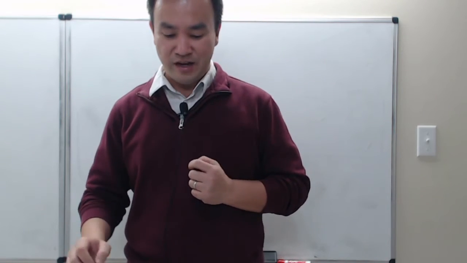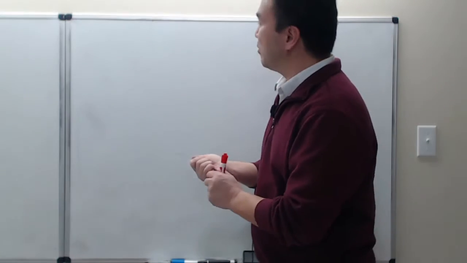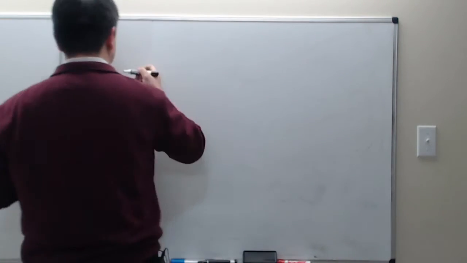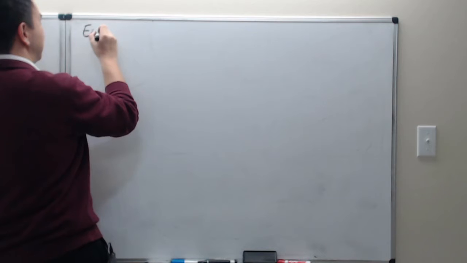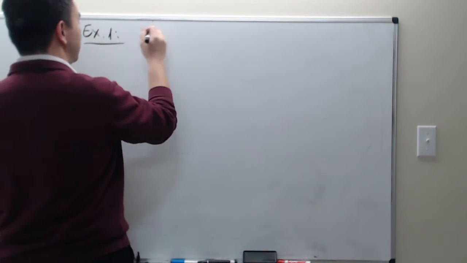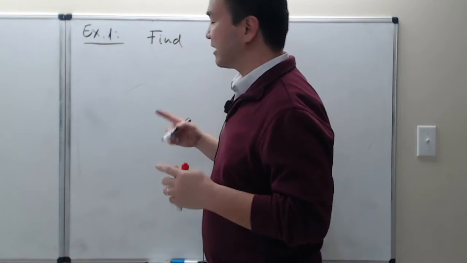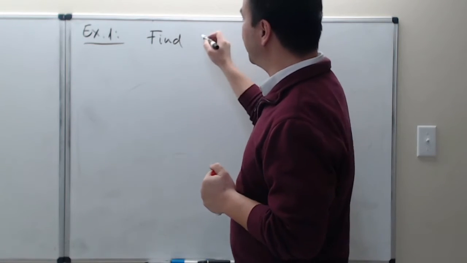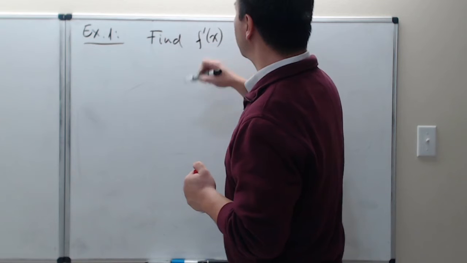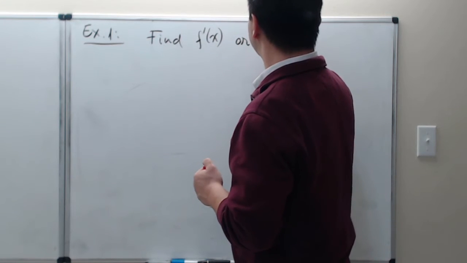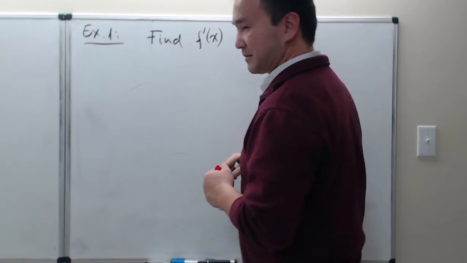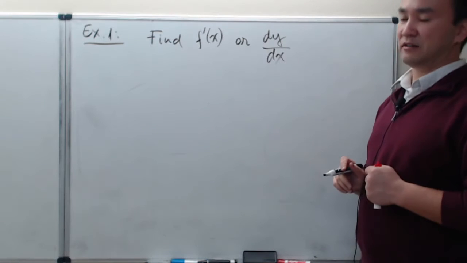Okay, and so now let me bring everyone into example 1. Just like any other finding-derivative problem, I'll start out with a simple instruction: find f prime, the general derivative, or in Leibniz symbol dy/dx, for the derivative of our function.